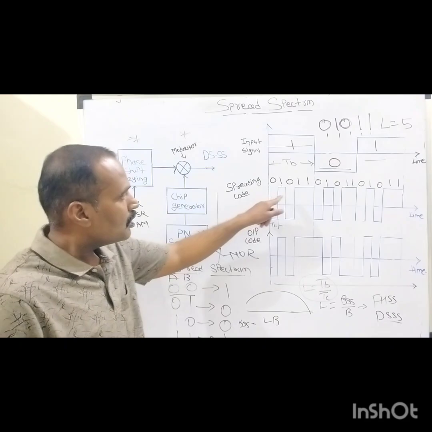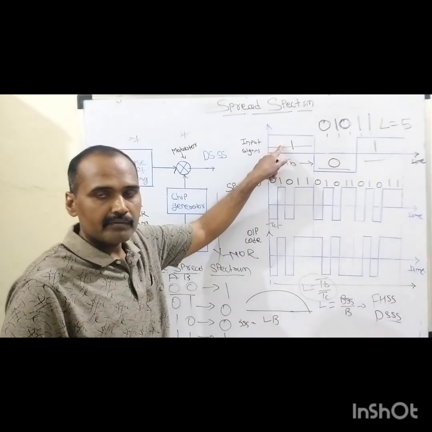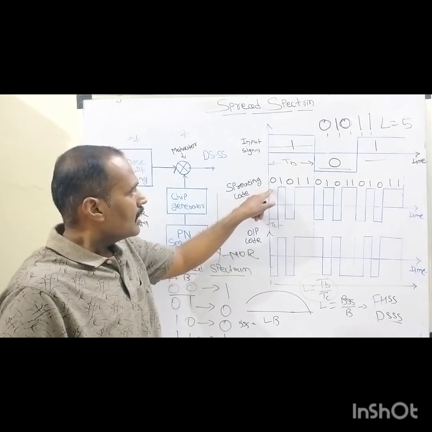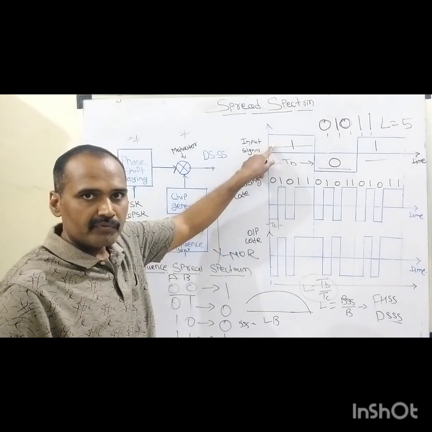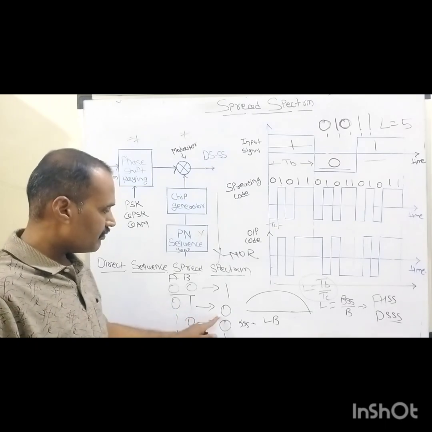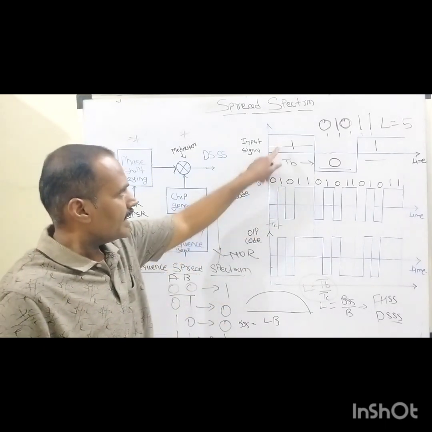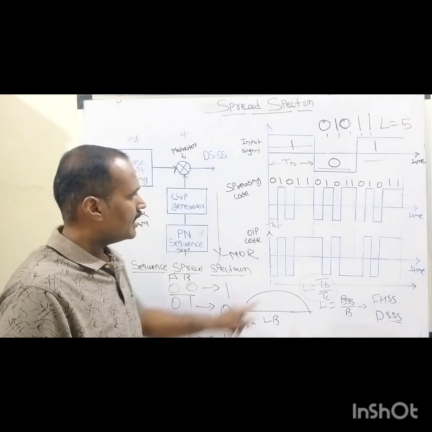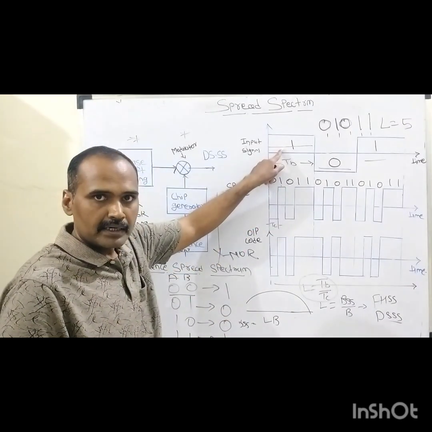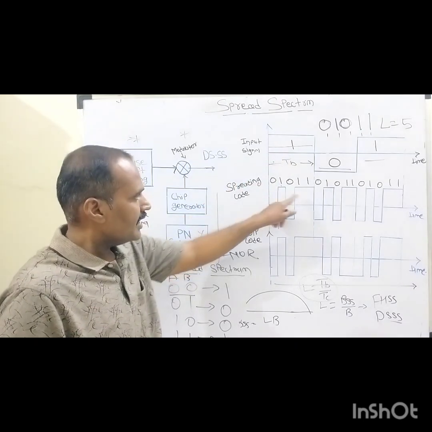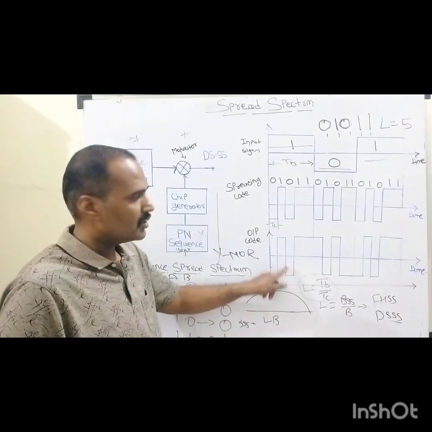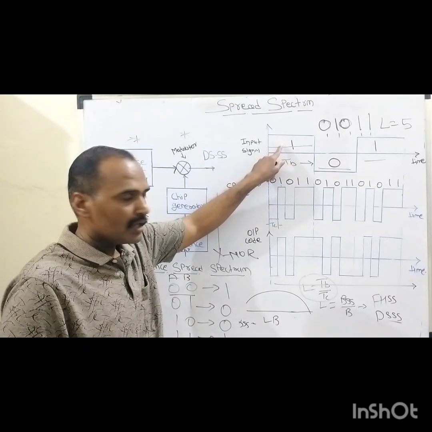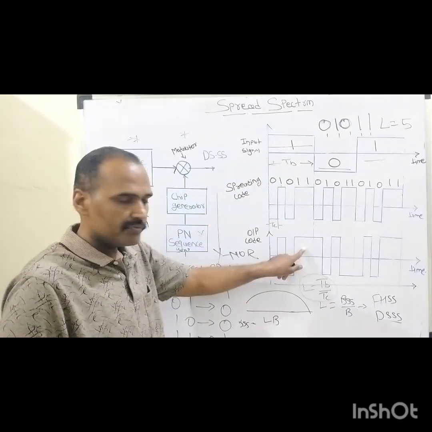So when this whole sequence is XNORed with this binary 1 for this bit duration, it becomes 0 XNOR 1 is 0, 0 XNOR 1 is 0, 1 XNOR 1 is 1, 1 XNOR 1 is 1, and 0 XNOR 1 again is 0. So the same sequence is repeated here, because whenever this entire sequence is XNORed with binary 1, we have a similar output.